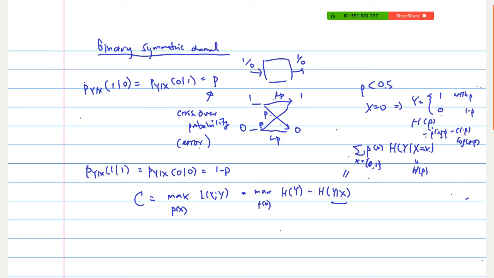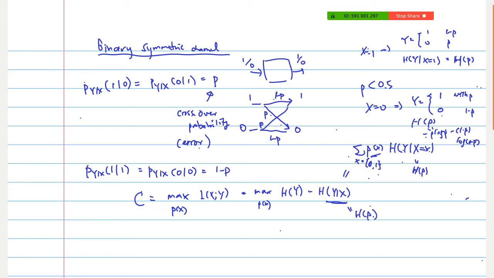And similarly for x equal to 1, we will have Y equal to 1 and 0 with probability 1 minus p and p. Again, the entropy is still equal to H(p). So in either case, H(Y given X equal to 0) or equal to 1 is equal to H(p). Therefore the average will not depend on the distribution p(x), so this term will just be equal to H(p).